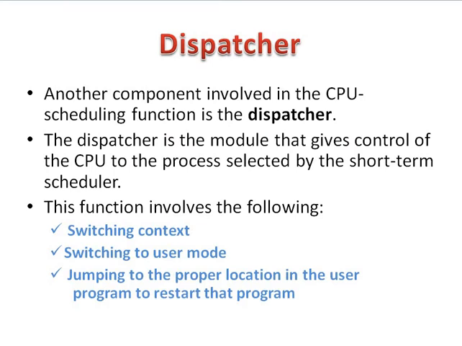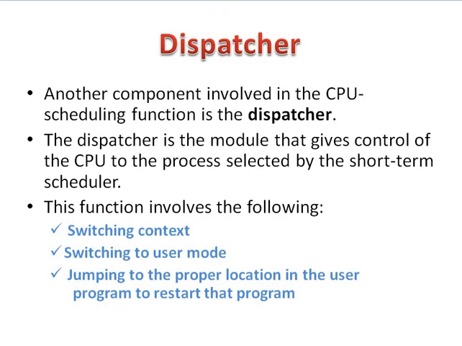Another component involved in the CPU scheduling function is the dispatcher. The dispatcher is the module that gives control of the CPU to the process selected by the short-term scheduler.